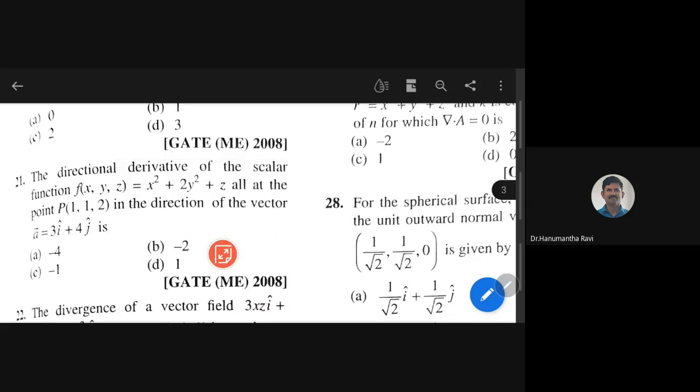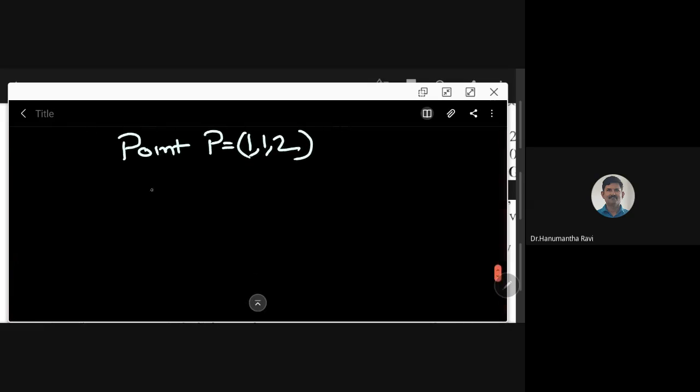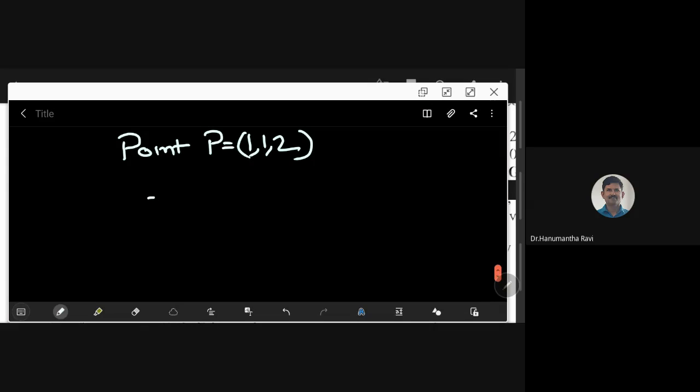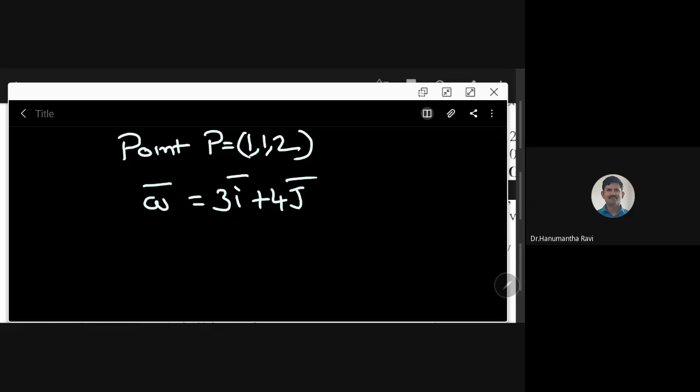What else have they given? They have given a vector A bar, which is 3 i bar plus 4 j bar. So these three things they have given.